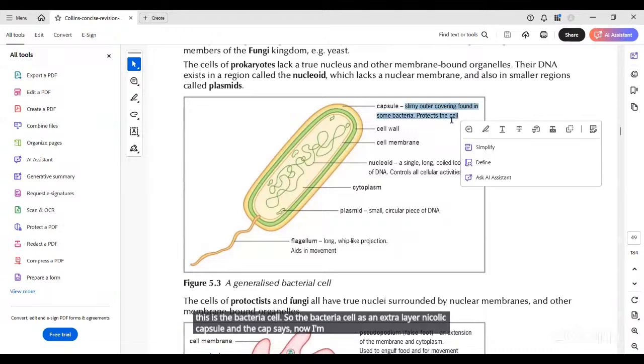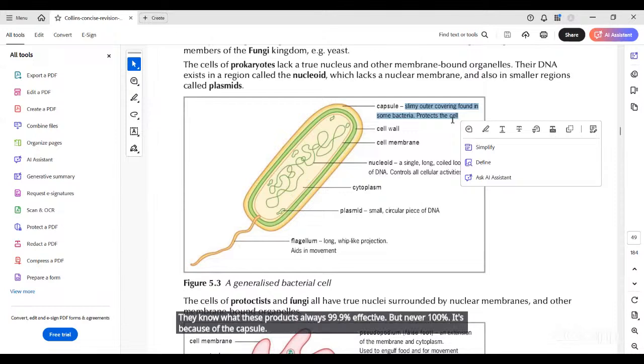It's very slimy, so it sticks on surfaces. That's why you can never get rid of bacteria 100%. You ever hear that term, that you can never kill bacteria? You notice products always say 99.9% effective, but never 100%. It's because of the capsule.